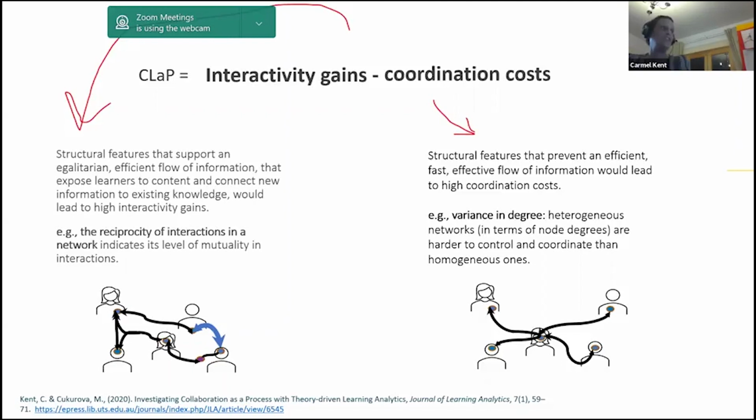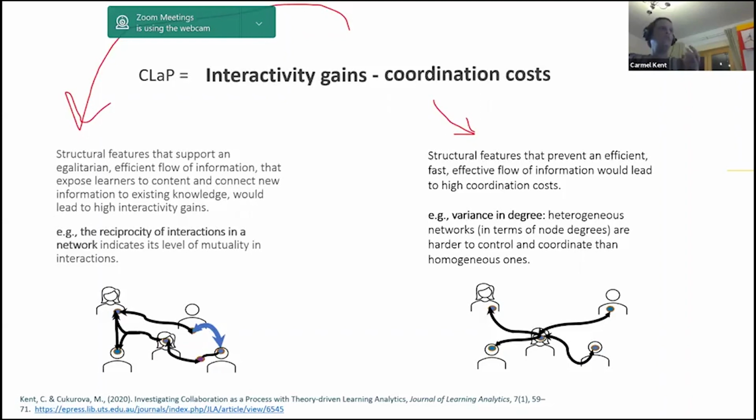As you can see from the image here, most of the people are interacting back with some other learner that has viewed their content or responded to it or voted on it or whatever. So that would be one suggested measure for interactivity gains: the measurement of reciprocity or mutuality.